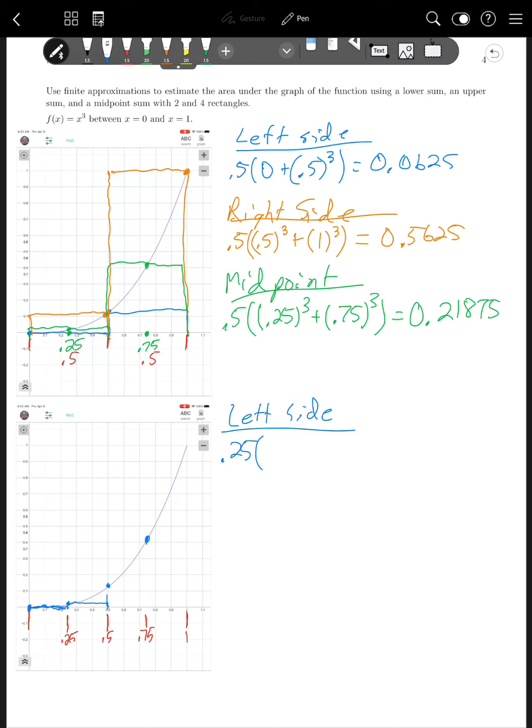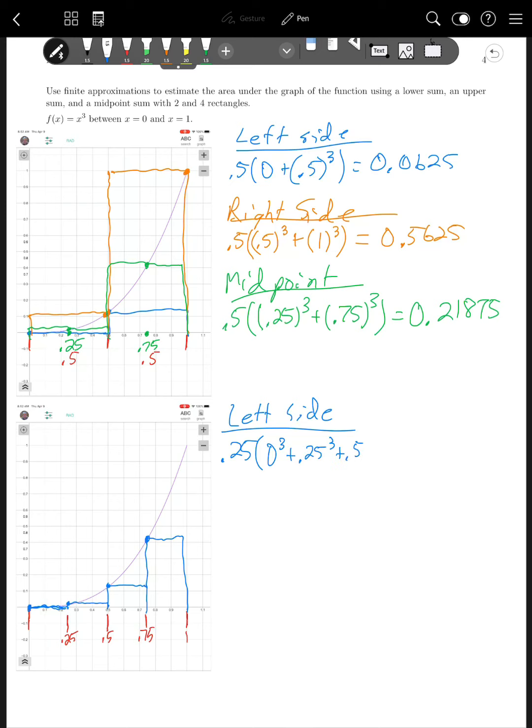So for our left-hand side, our width is 0.25, and that's going to be the same for all of these. And now we just find the left hand. So at 0, we get a value. At 0.25, at 0.5, and at 0.75. And that's how we make our rectangle. So the first rectangle is flat. The second rectangle looks like that.